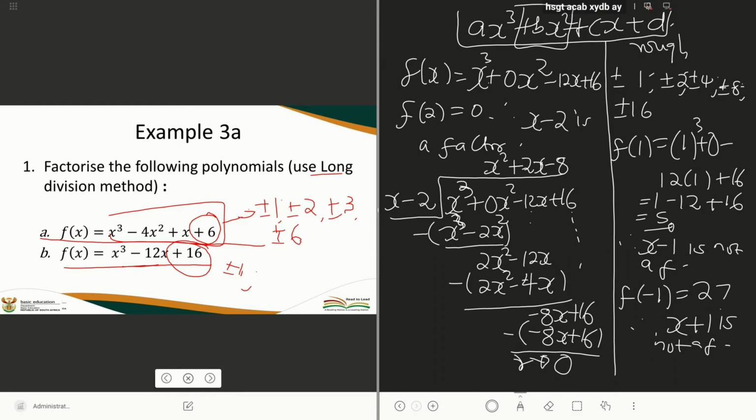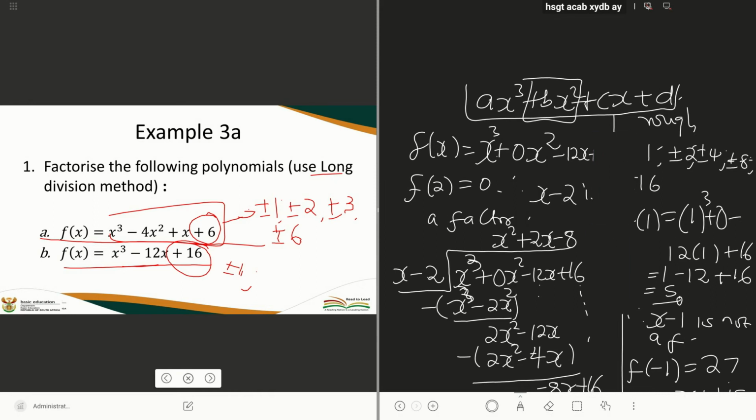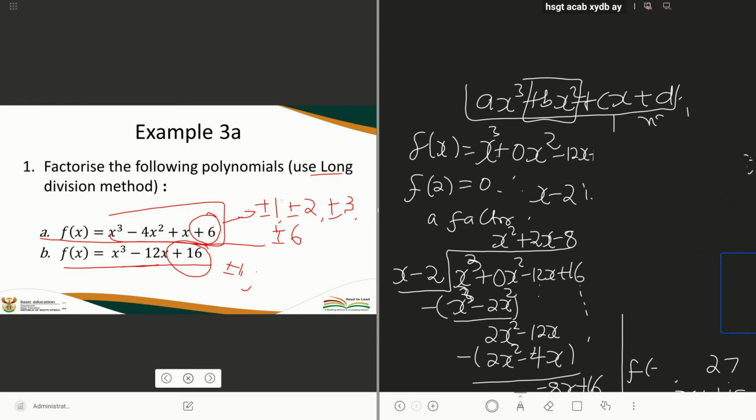If your remainder is 0 like that, it means you can always apply your dividing rule to say now the dividend is equal to the divisor multiplied by the quotient plus the remainder. In this case, our remainder is 0, so that won't make any difference.